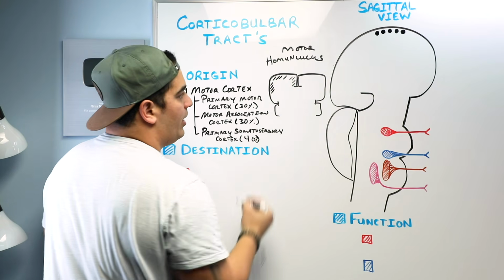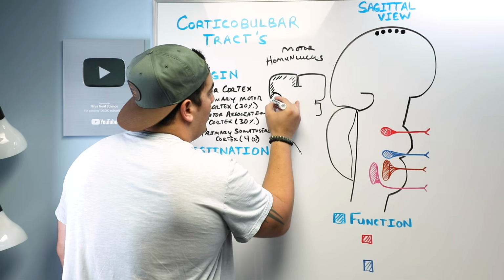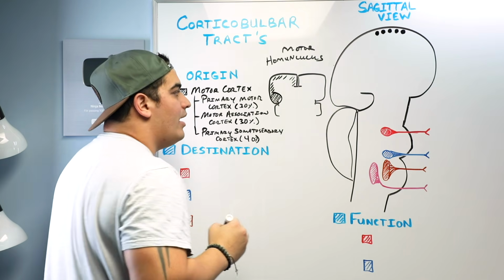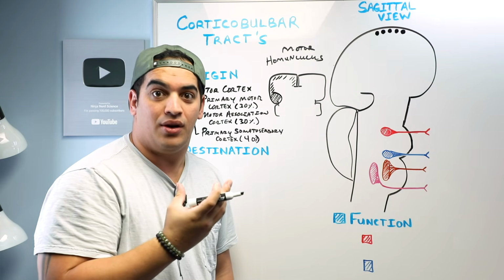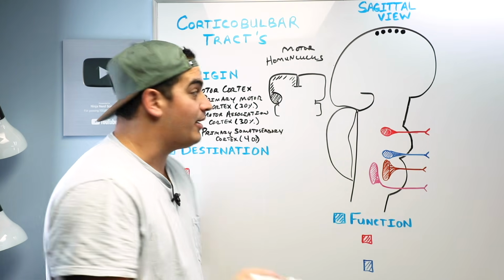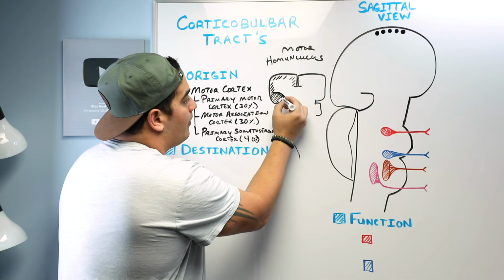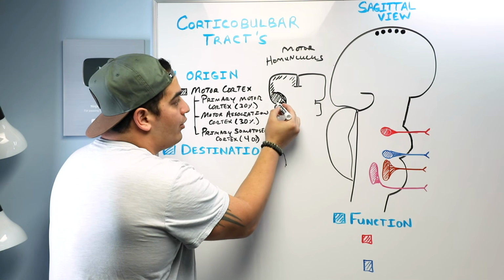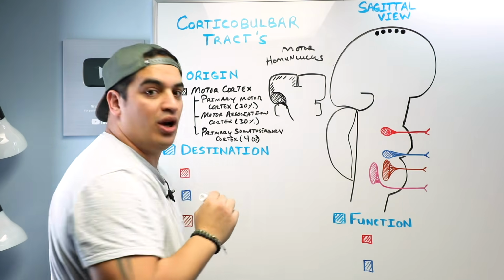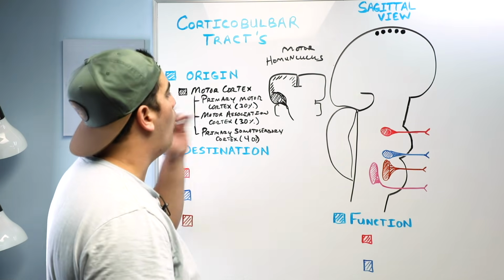This portion right here would be the upper extremities. And this last portion here that we're going to circle, this is where the head, the neck, and the tongue muscles are all supplied. That's where that's going to originate. So when we talk about corticobulbar tract, it's from these motor cortex areas, but from the most lateral and inferior portion of that motor cortex is where it begins. Beautiful. So we know the origin.